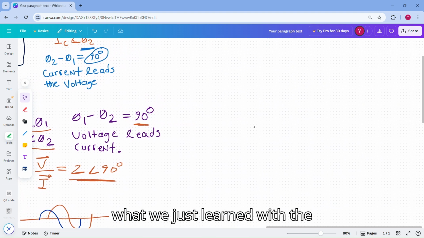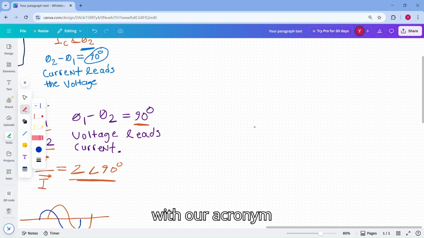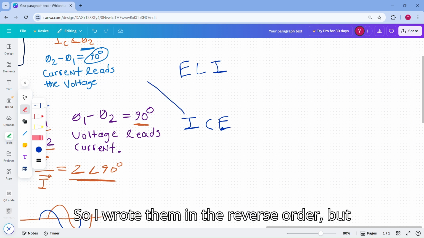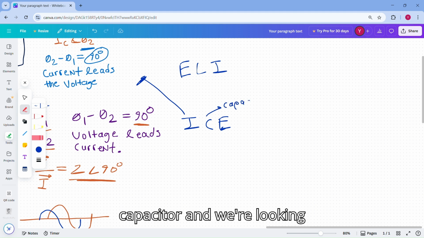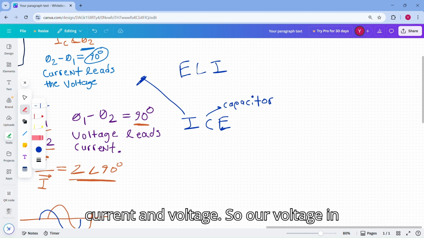What we just learned with the capacitor and inductor can be described with our acronym ELI the ICE man. So I wrote them in the reverse order, but ICE is actually going to refer to the capacitor. And we're looking at what we usually use to represent our current and voltage.